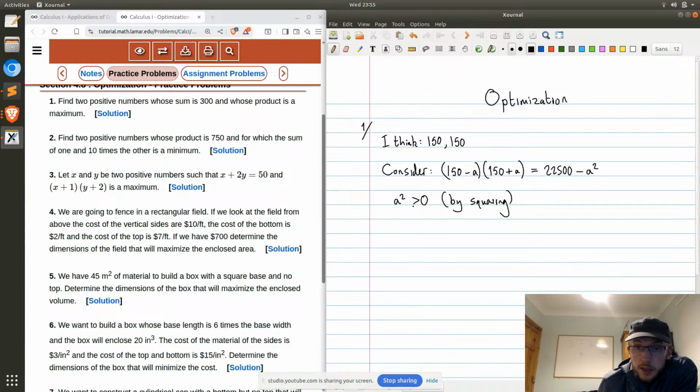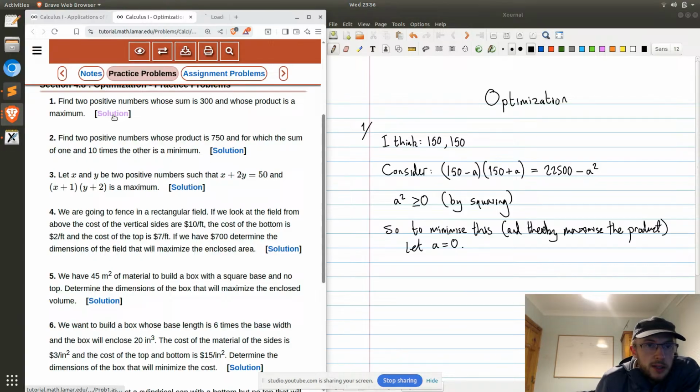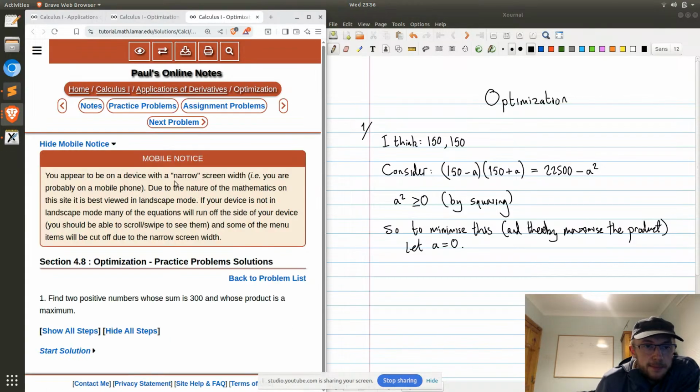Whoa, hold on, beg your pardon. That's very essential. So, to minimize this and thereby maximize the product, let A equal 0. Let's see what he says.